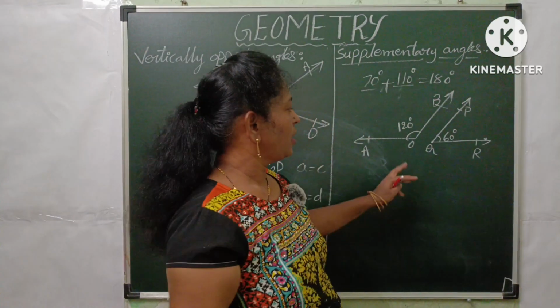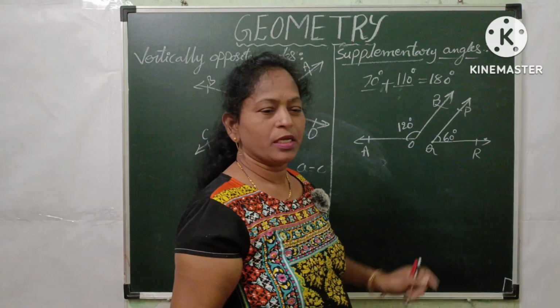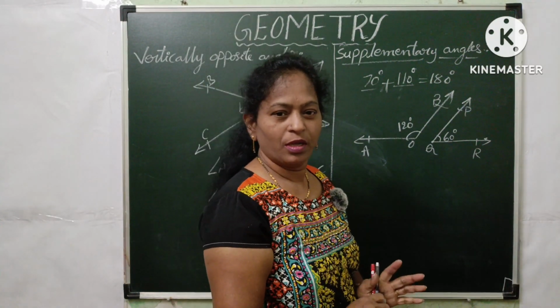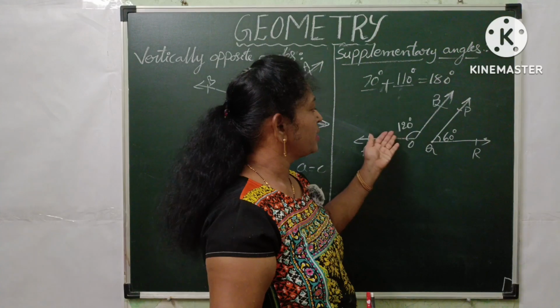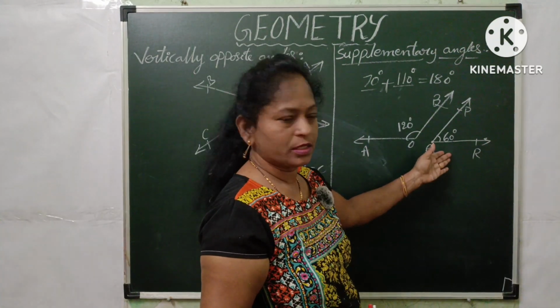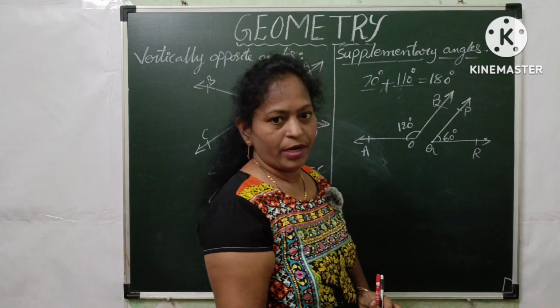Check it there. Are AOB and PQR supplementary or not? Yes, these two are supplementary angles. Why? Because their sum is 180 degrees. 120 plus 60 is equal to 180 degrees.